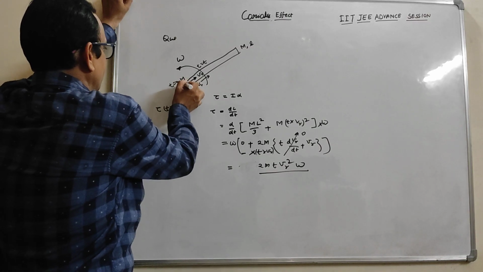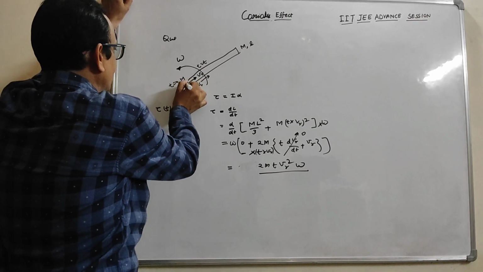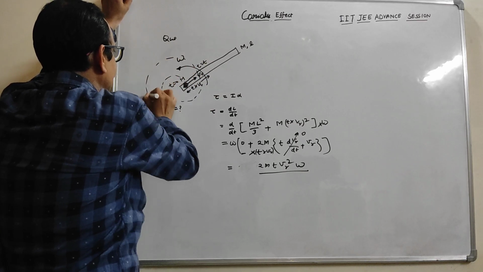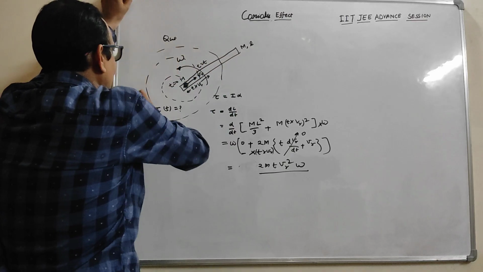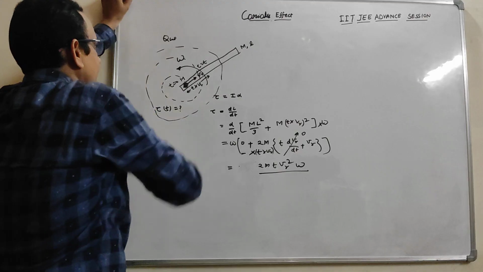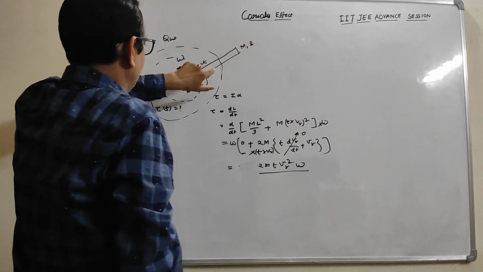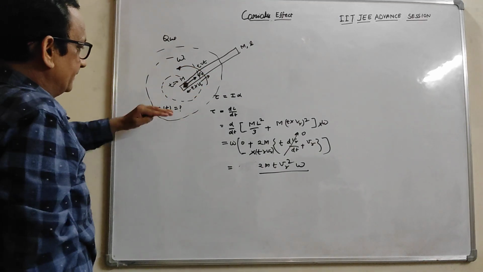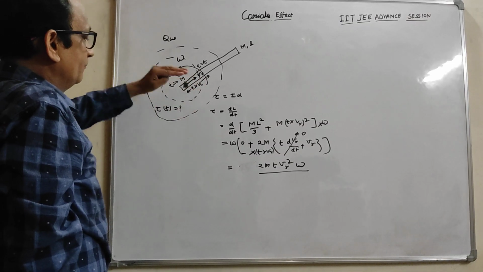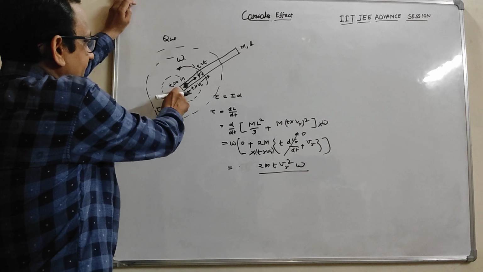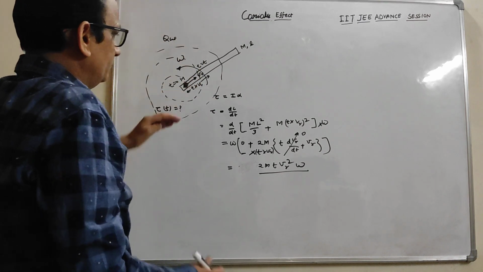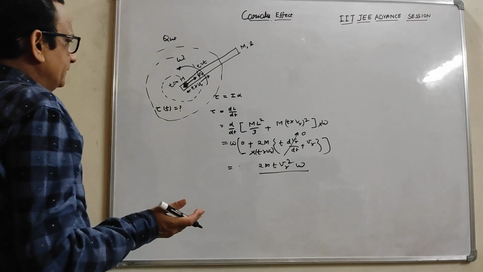So the motion of the insect would be like this. This is spiral motion. When we see the insect from the inertial frame, we would see the motion of the insect to be spiral, of this type. So we can calculate easily here.